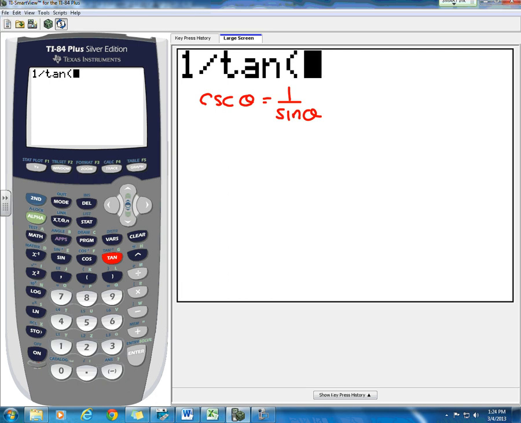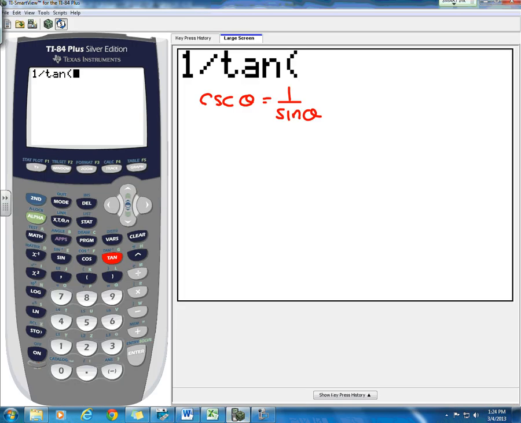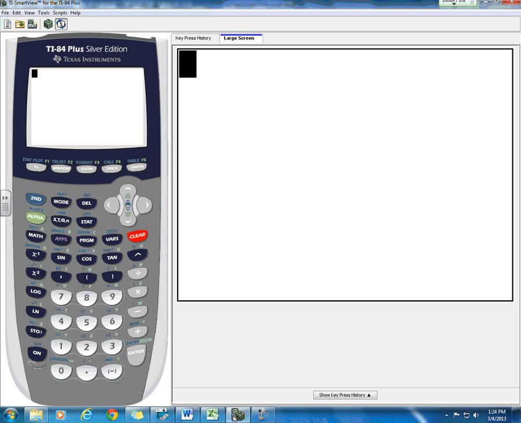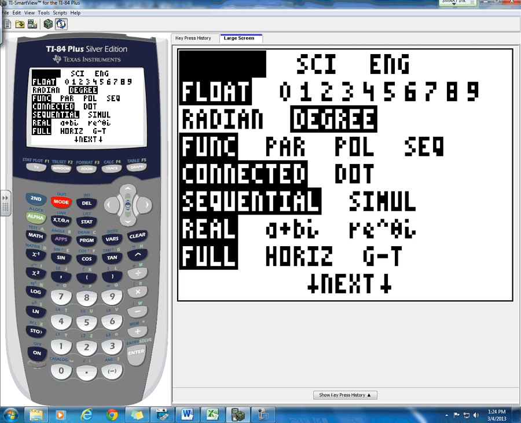So you've got to make sure that you're using the right approach to a problem in order to do those as well. I'm going to pull the notes back up, and I have 2 examples down below that say evaluate the following on your calculator. The first is the cosine of 27 degrees. So have your calculator handy, and let's just make sure that we know how to input this into our calculator. I'm going to double check my mode, make sure I'm in degree mode, and I am.